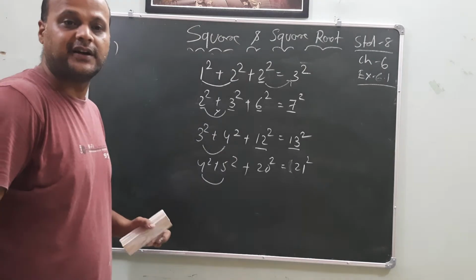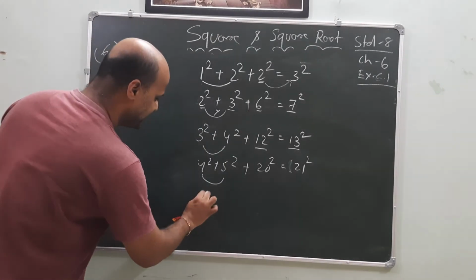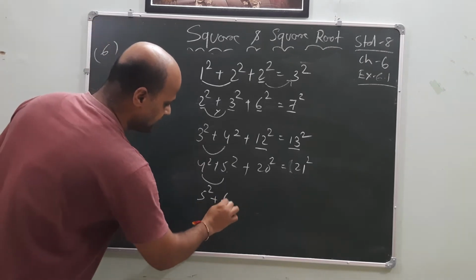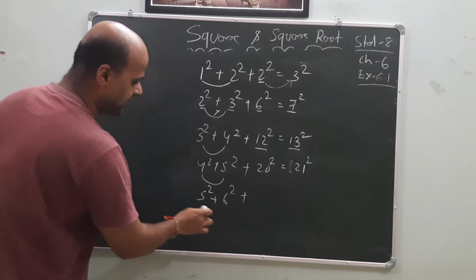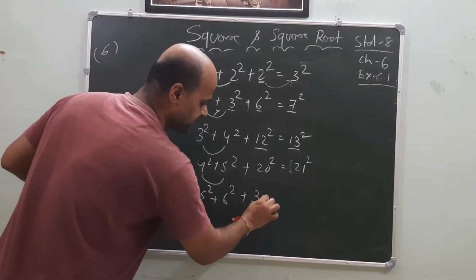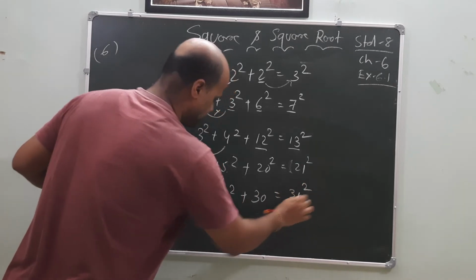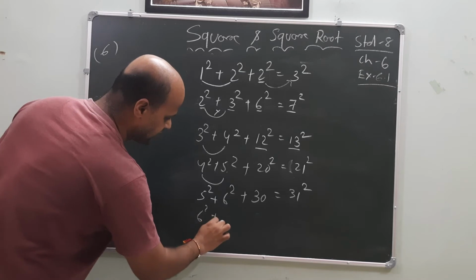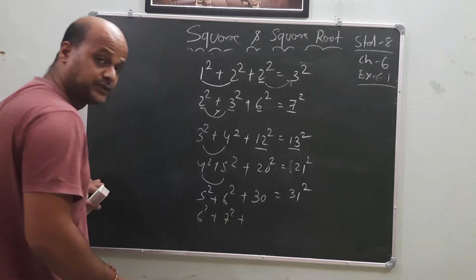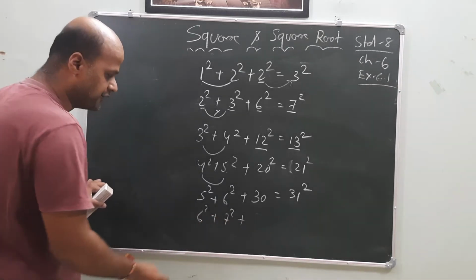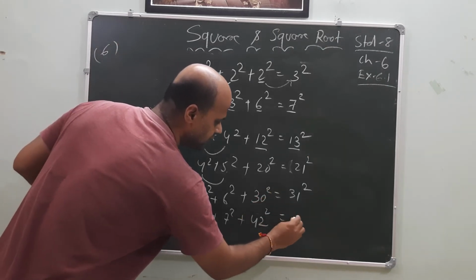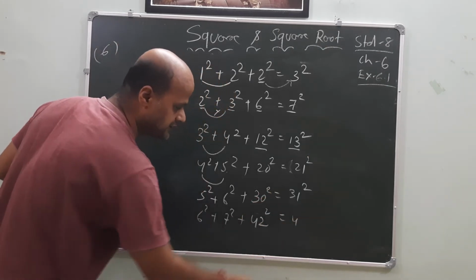Let's go for the next one. 5 square plus 6 square plus 5 6s are 30 square is equal to 31 square. Next number is 6. 6 square plus 7 square plus how much it will be coming? Very good. 6 7s are 42 square is equal to successor of 42 is 43.